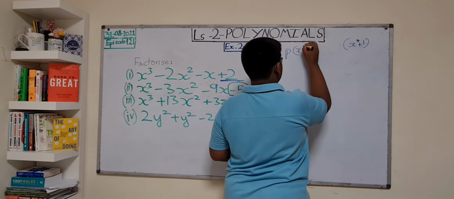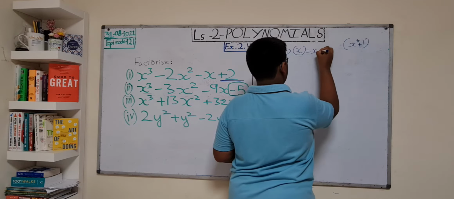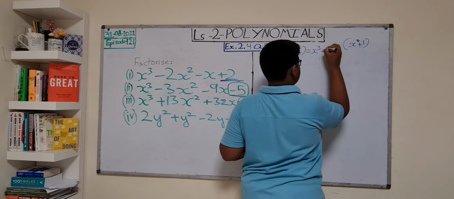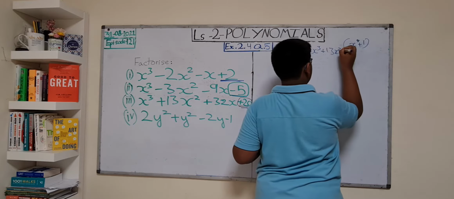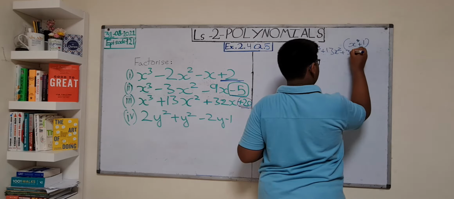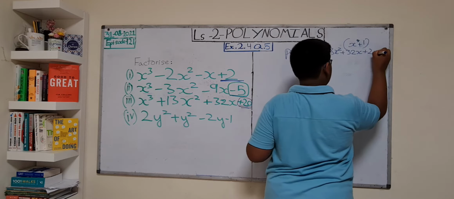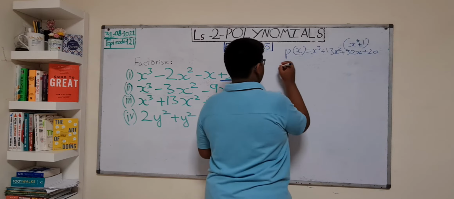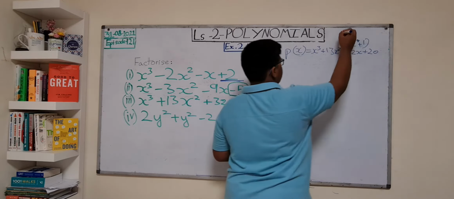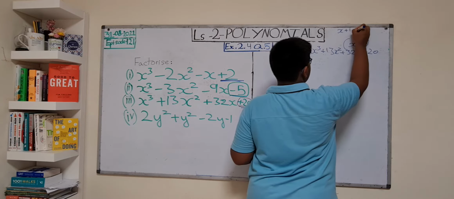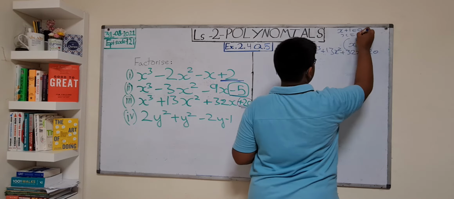P of x is equal to x cube plus 13x square plus 32x plus 20. Now here we have x plus 1 is equal to 0, x is equal to minus 1.